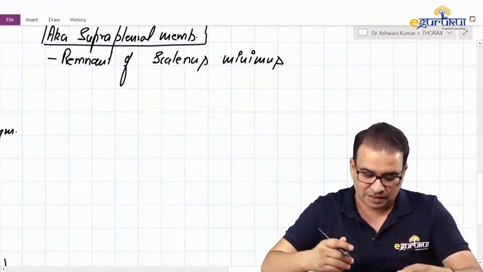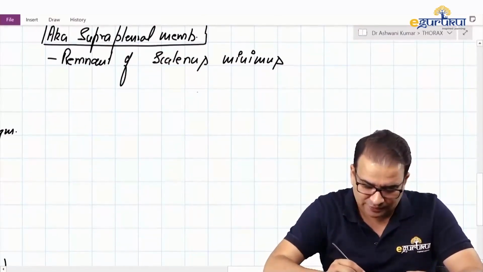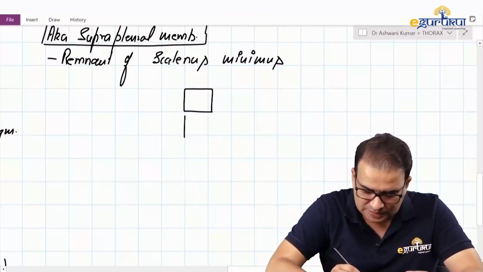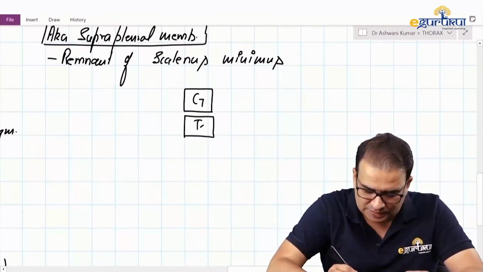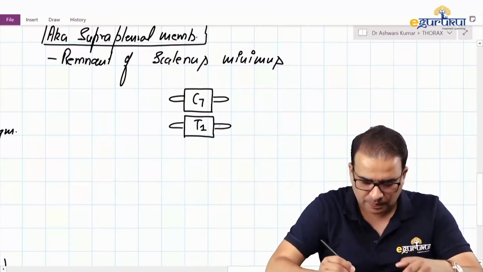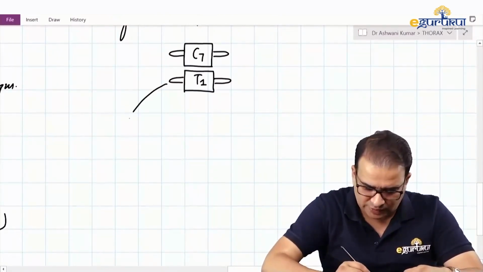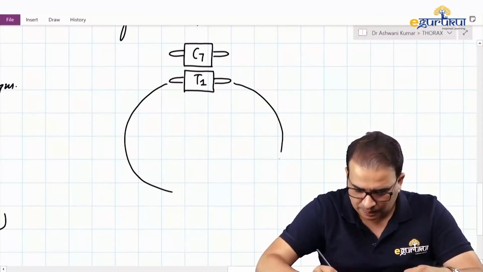Let me diagrammatically represent this to you. So what I'm saying is, if this here is the body of C7, and this is the body of T1 vertebra, that is C7 and that is T1. Here we have their transverse processes. Obviously the first rib will be attached to the T1 only, if this is the first rib here.